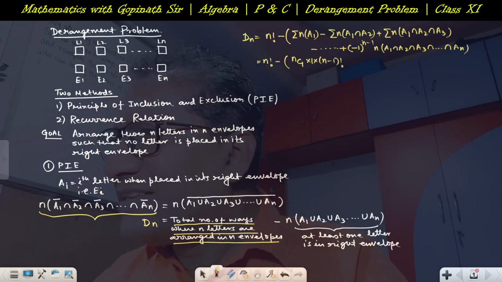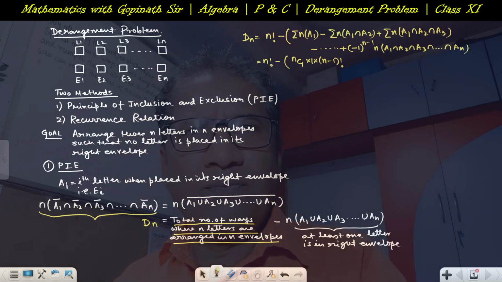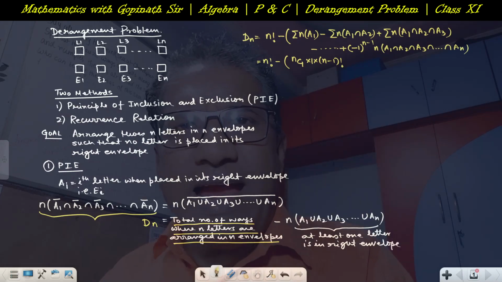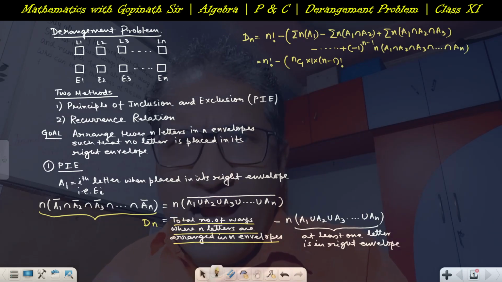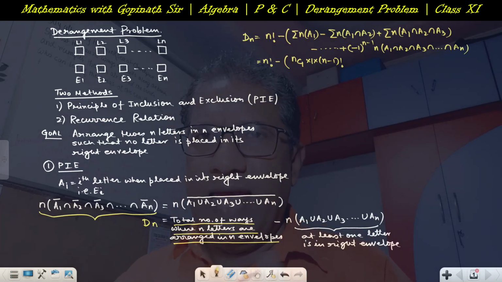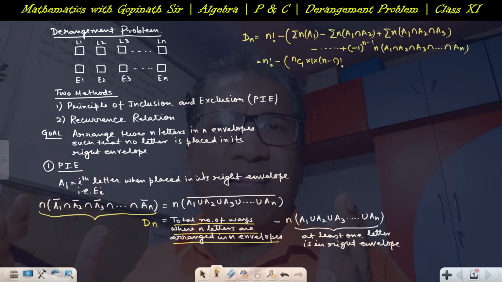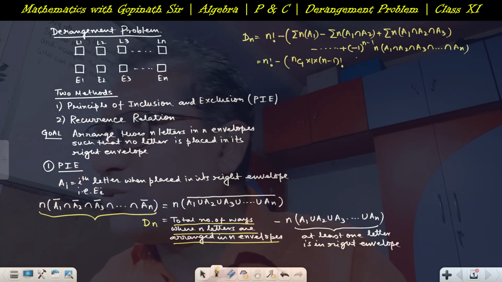Now let us consider the second one, which is n(A1 intersection A2). That is, out of these n letters, we are first selecting 2 letters. In how many different ways can we select 2 letters out of these n available letters? It is nC2.